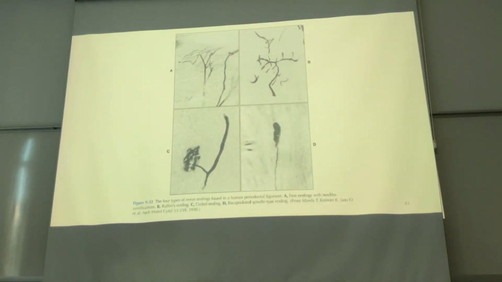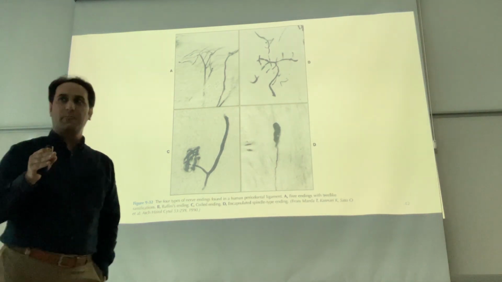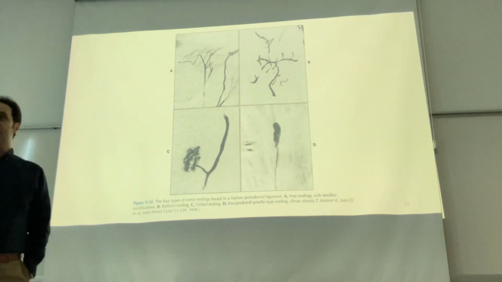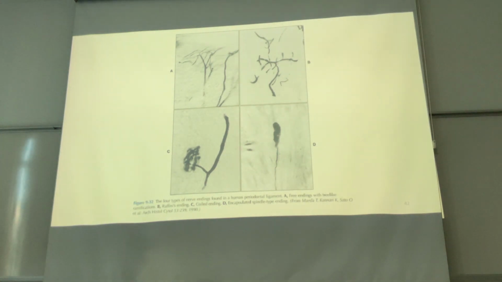Here you can see different types of nerve endings in the periodontal ligament. The first type is free ending of nerve fibers. We will talk about the nervous system, especially the nerves of the teeth, in our next semester in the nervous system committee.